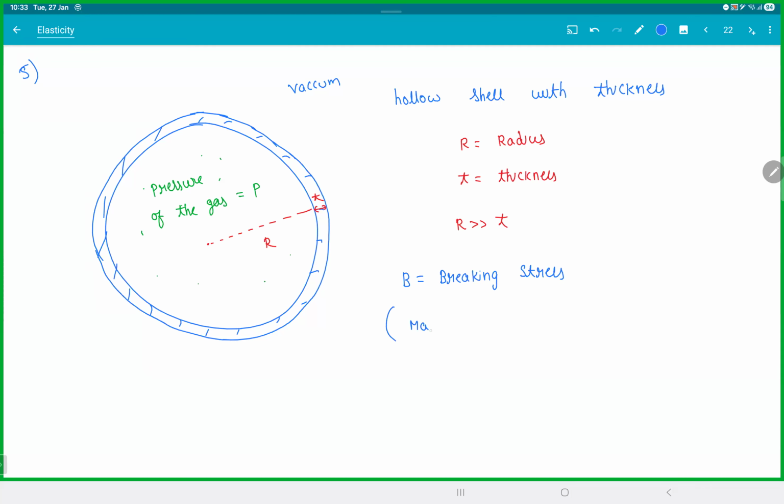Again, the maximum stress a metal can withstand before it cracks. And this thing does not depend on the area and all. It depends on the nature of the material and is independent of area. Max stress material can withstand. So if you apply this much stress, it is going to crack.